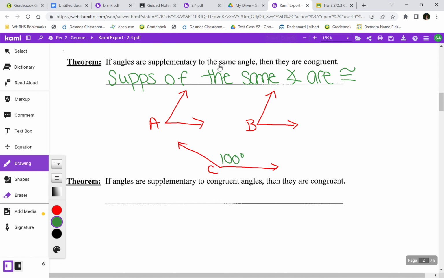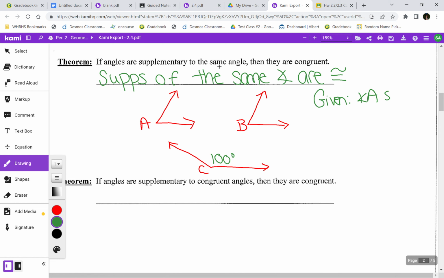And let's say I told you some given information that angle A is sup to angle C, and I also told you angle B is sup to angle C.